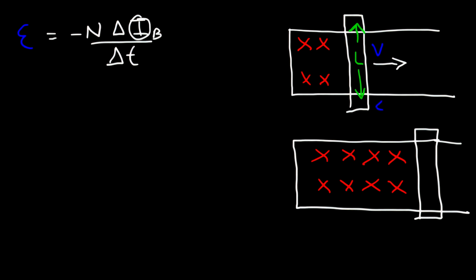So this rod is going to move some distance d. And that distance is equal to the speed multiplied by the change in time. So the increase in area is basically, let me use a different color.